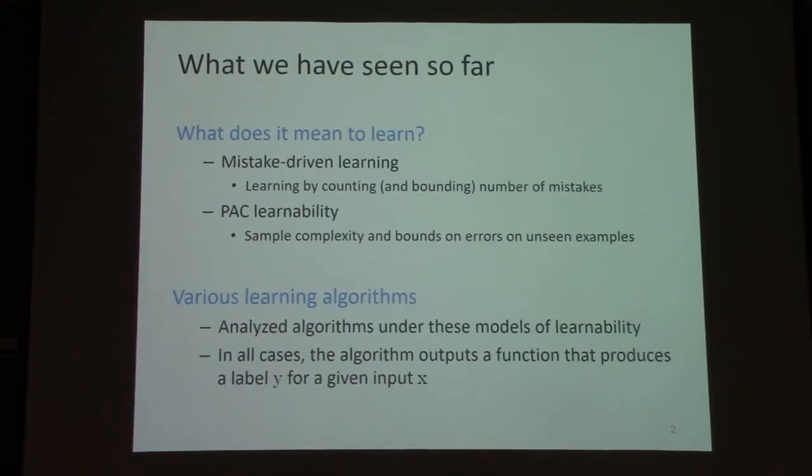Under each of these definitions, we analyzed various algorithms and came up with different ways to ask how you find a function that produces a label given an input. Remember, a classifier is just a function. Yes? Did we discuss how the VC dimension discussion led to support vector machines? We did.